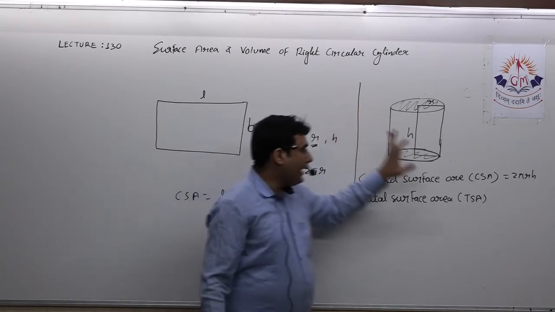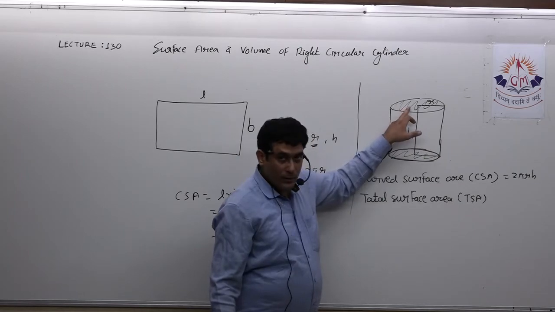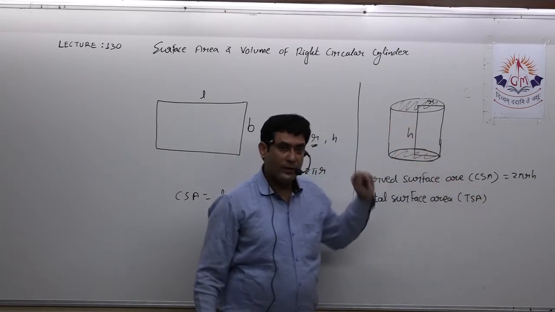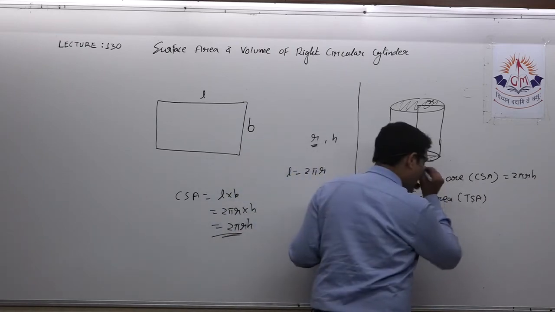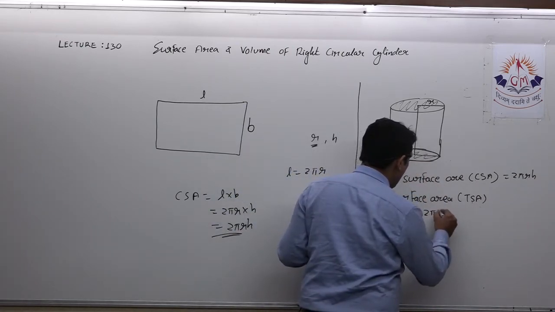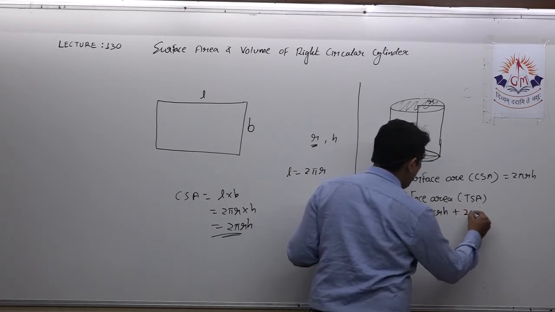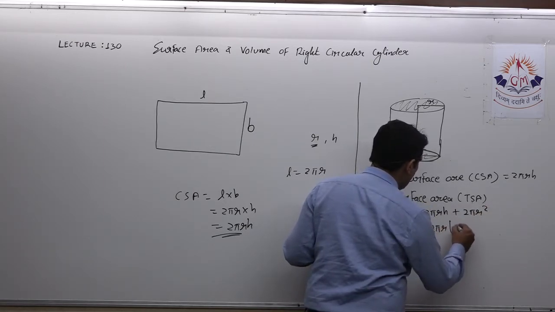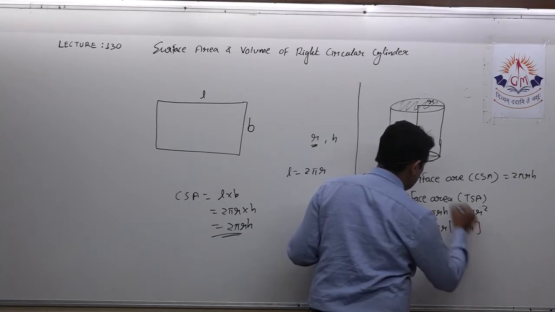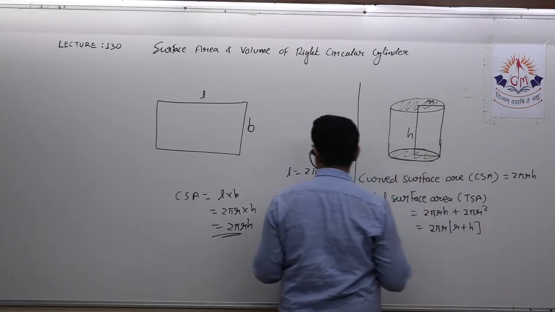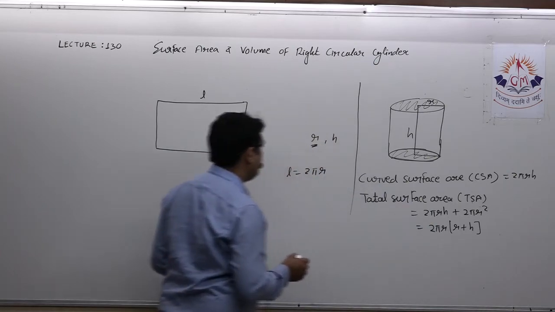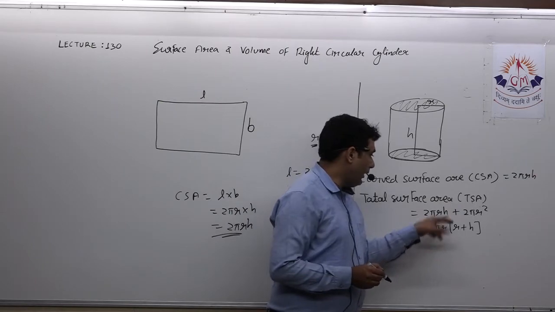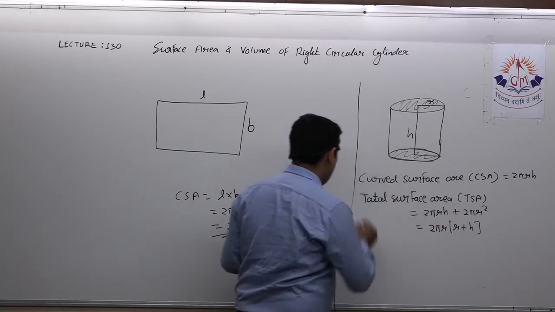If I add pi r square and pi r square, that is 2 pi r square, to the curved surface area, I will get the total surface area. So TSA is given by 2 pi r h plus 2 pi r square, and I can write it as 2 pi r times (r plus h), as I took 2 pi r common. This is the total surface area.